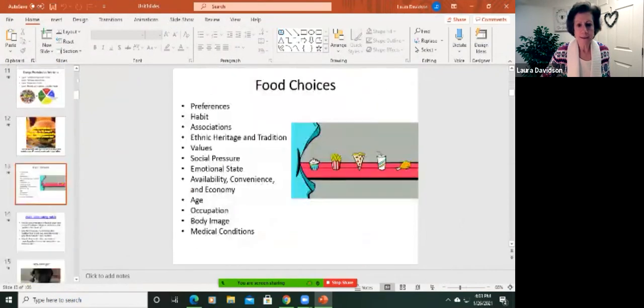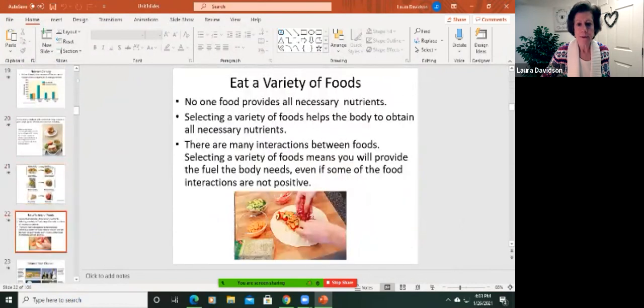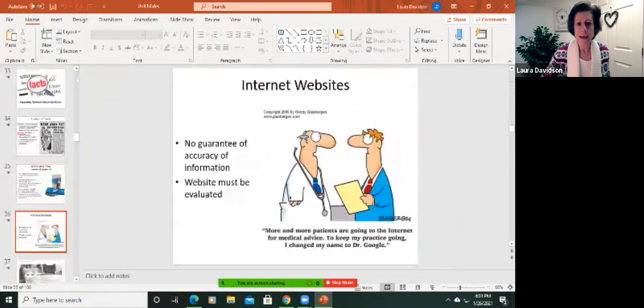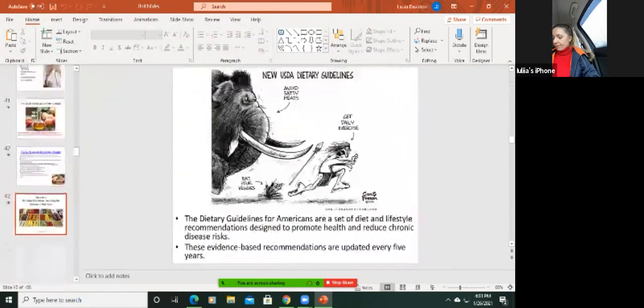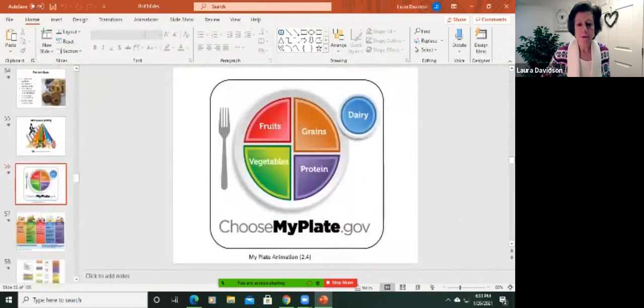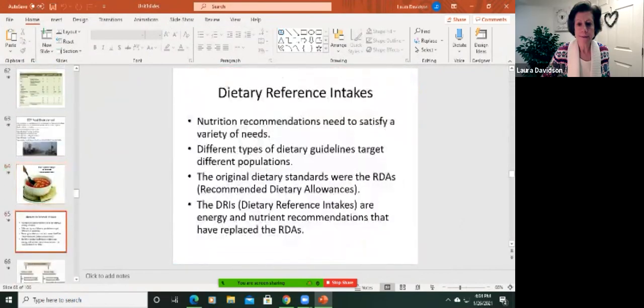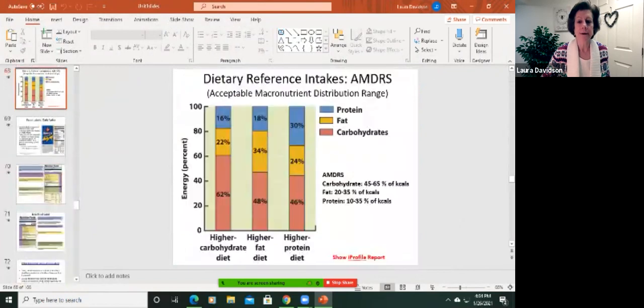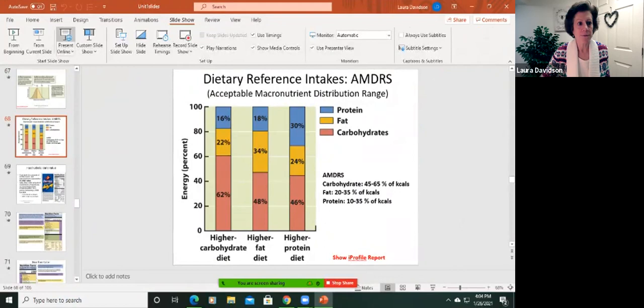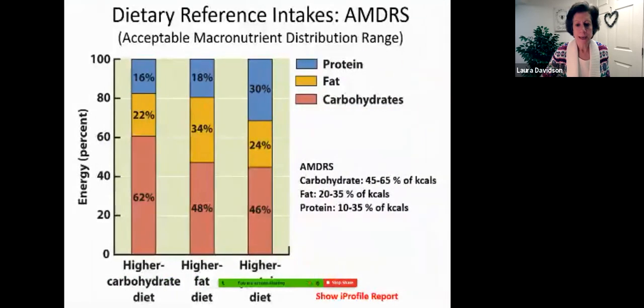And Yulia asked me about the food label, which I'm so glad she did, because that can be really confusing. So why don't we do that first? Okay, there it is. Here we go. Let me get to the food label first.